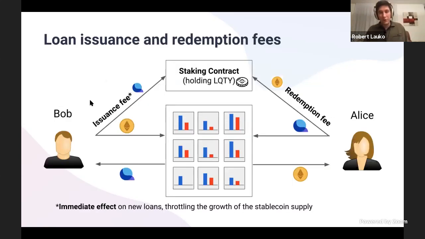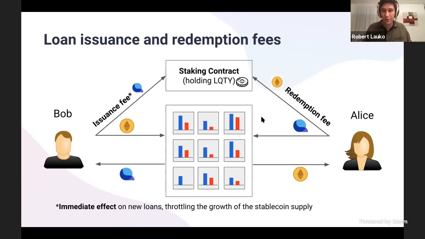Now what we also do is we charge fees on both the loan issuance, which is a one-off fee. When you take out your loan, you may have to pay an issuance fee. By default, this fee is set to 0%, but it can go up. And similarly, there is also a one-off redemption fee, which is charged on the redeemed amount.